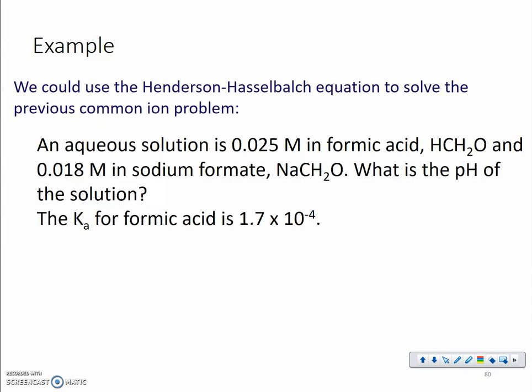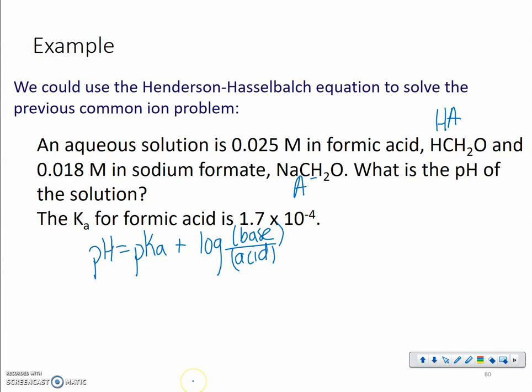You can also use this equation to solve those common ion problems without having to do an ICE box. Makes your life a little easier. Because formic acid is going to be your HA, sodium formate is going to be your A minus. So pH is what we're looking for. pKa we can find because we know the Ka.